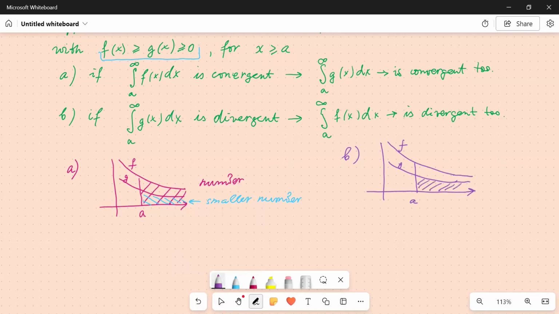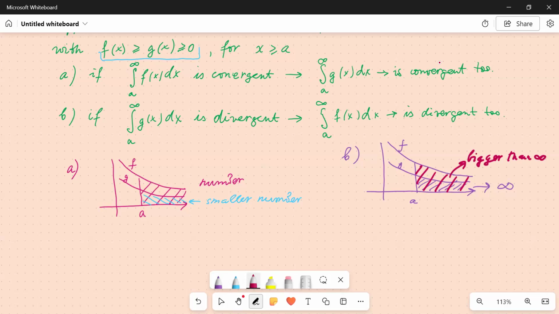So the purple one is not a number, it's infinity. Then what is going to happen to the bigger one, the red one? Well, because the bottom one, which is a part of the top one, is infinity, and this one is bigger than infinity, more than infinity, just because it's infinity plus something.